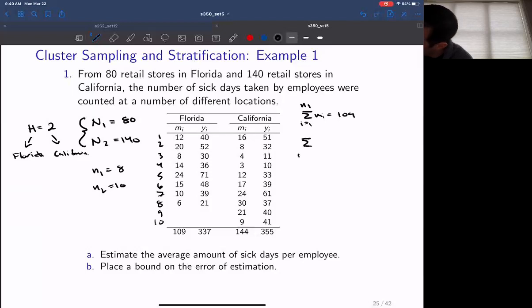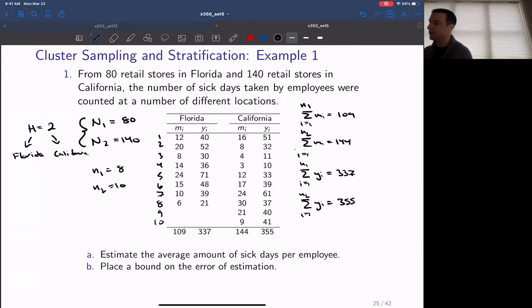The sum from i equals 1 to little n2 of the mi is equal to 144. And the sum from i equals 1 to little n1 of the yi equals 337, and the sum from i equals 1 to little n2 of the yi equals 355.